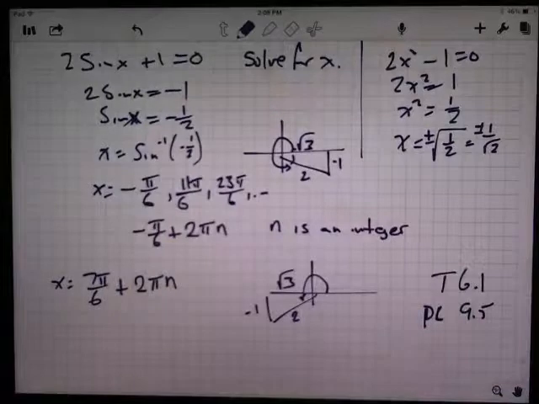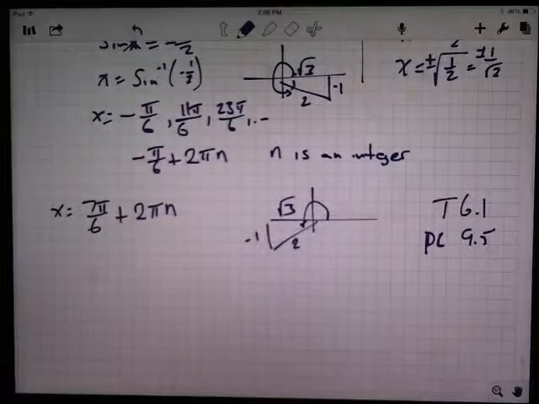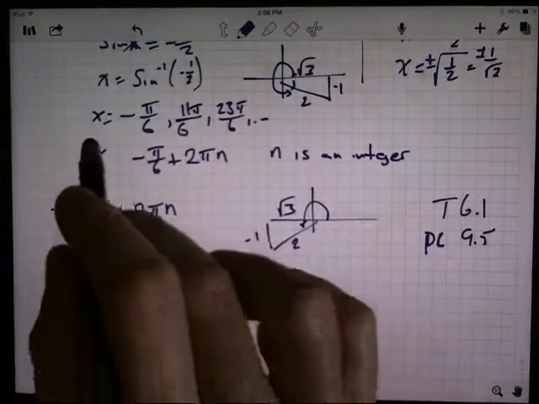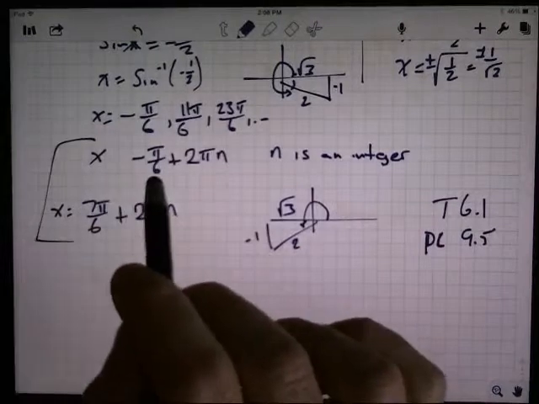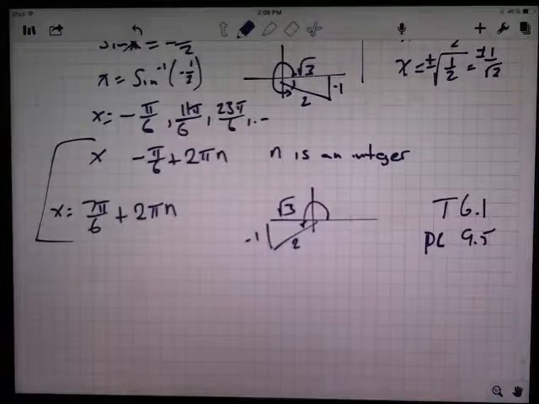We'll be doing 9.5 and 9.6 for solving equations. So the answers here are a bunch. There are all of those that are coterminal with -pi/6, and there's all those that are coterminal with 7 pi/6.